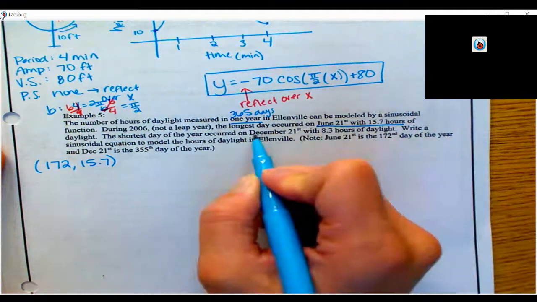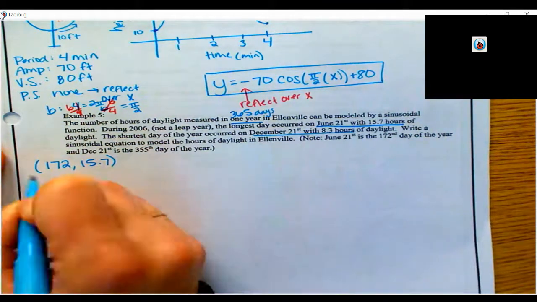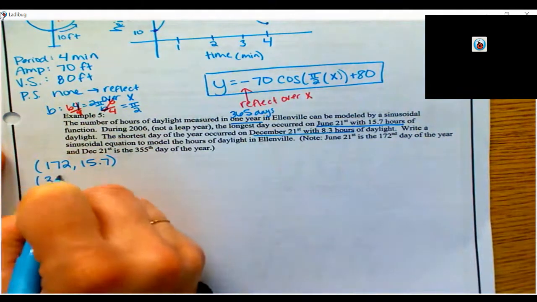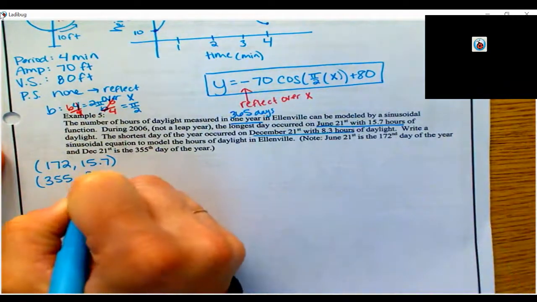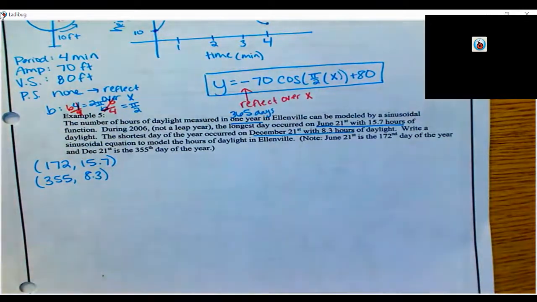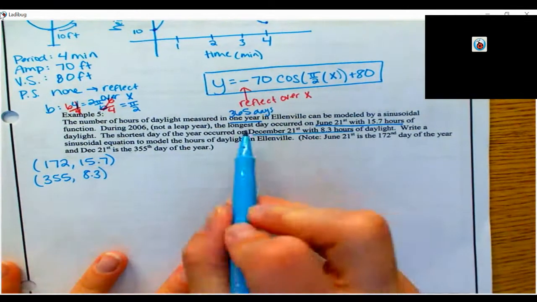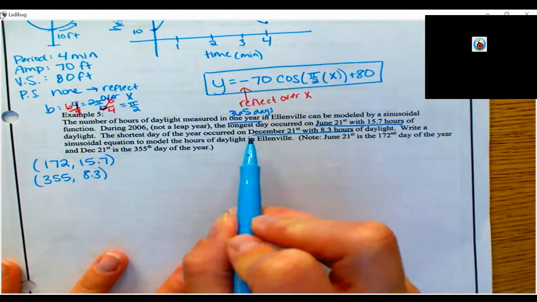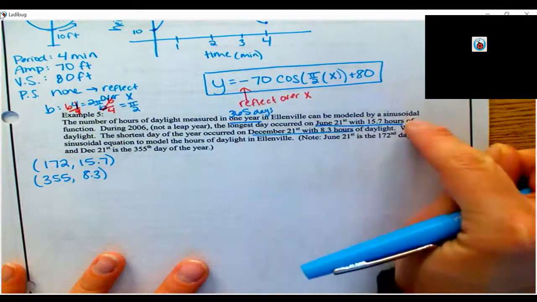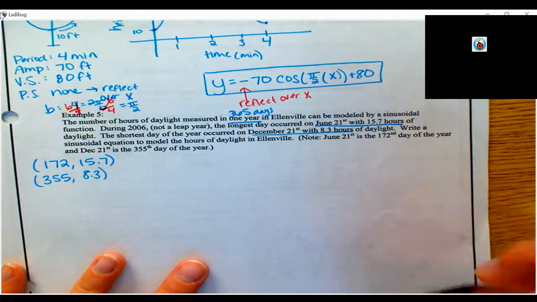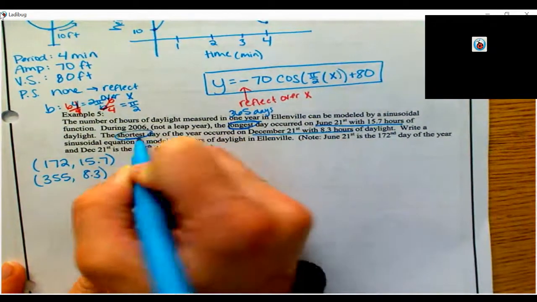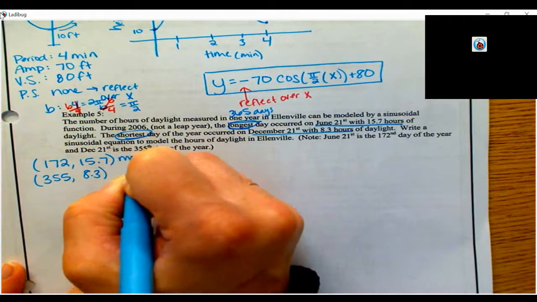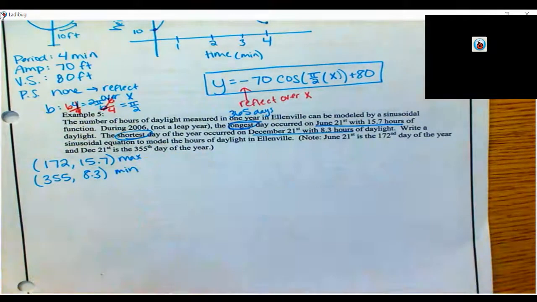And then on December 21st, which is the 355th day of the year, it says I had 8.3 hours of daylight. And they tell you that this is the longest day and this is the shortest day, which is helpful because that gives you your max and your min, right? Because they tell you it's the longest, that's your max. They tell you it's the shortest, that's the min. So that's important for this information.